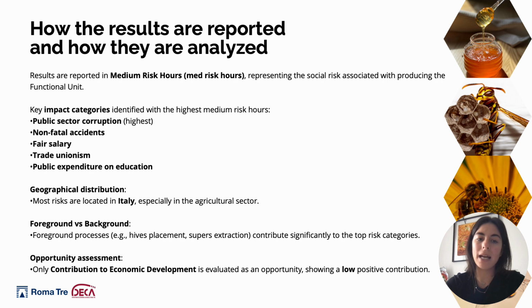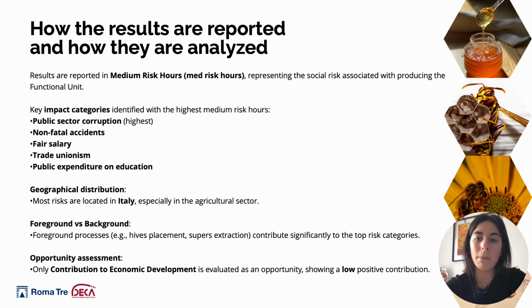The results are expressed in medium risk hours, which combine the level of risk and the amount of labor time involved. The five impact categories with the highest social risk were public sector corruption, fatal accident, fair salary, trade unionism, and public expenditure on education. These risks are mostly localized in Italy, which aligns with known issues in the agriculture sector, such as informality, lack of unionization, and underfunded public services.